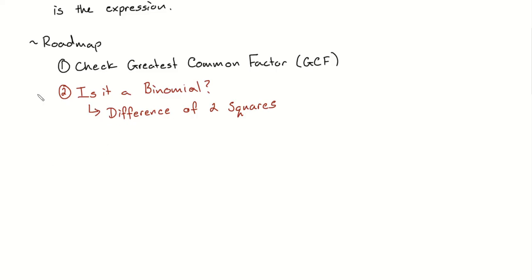Okay, once we've gone through whether it was or wasn't a binomial, we're on step 3. If it doesn't have 2 terms, how many might it have? 3. So instead of a binomial, I might ask, is it a trinomial? So it's nice because 2 is binomial, 3 is trinomial.